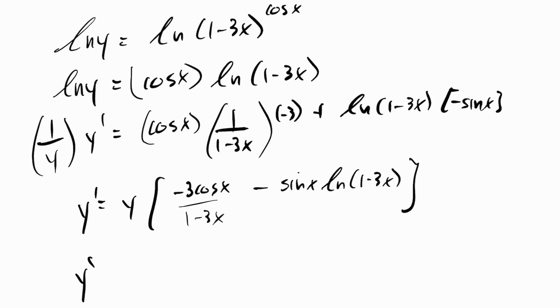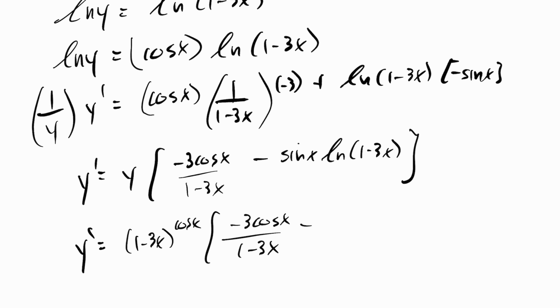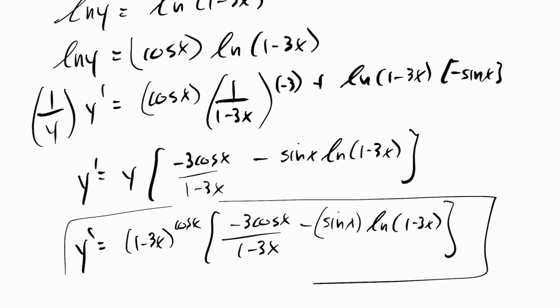And again, we can substitute in my y value, which is (1 minus 3x) to the power of cos of x, times (minus 3 cos x over (1 minus 3x), minus the sine of x ln of (1 minus 3x)).